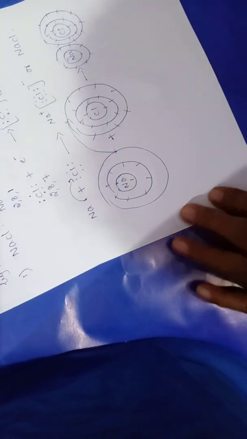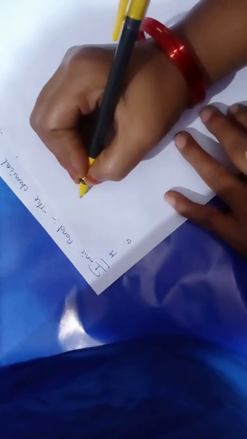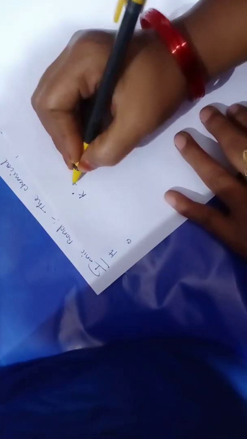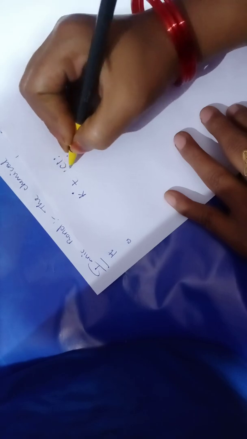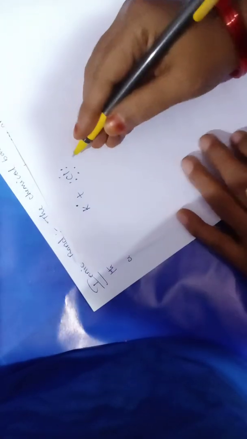Clear, children? Yes. So this is the first example of ionic compound, NaCl, and one more I will tell, that is KCl. KCl also same. In its outermost shell 1 electron will be there, and here chlorine, again same thing is happening, 7 electrons in its outermost shell. So this one will be going there.